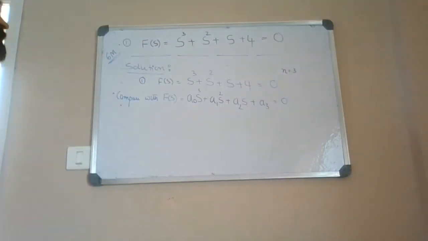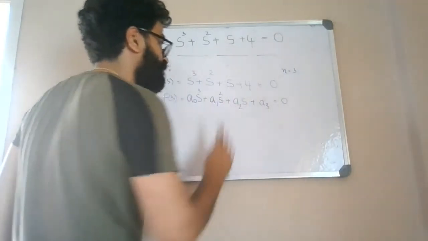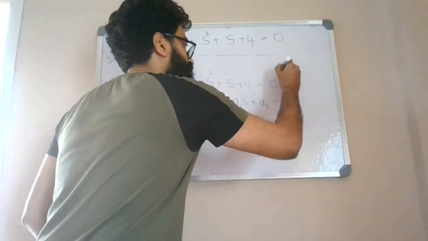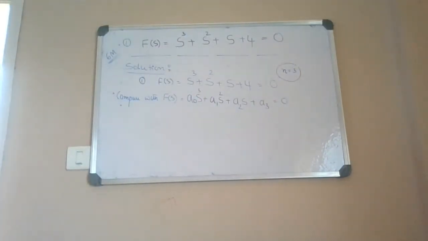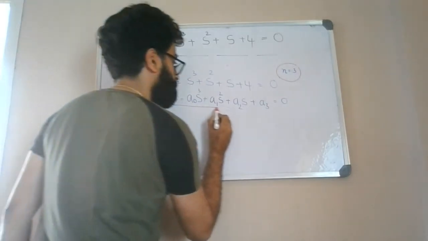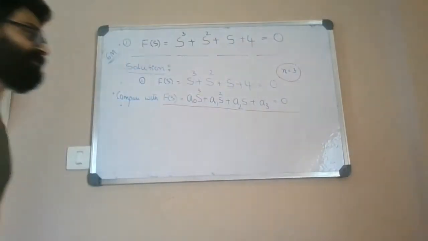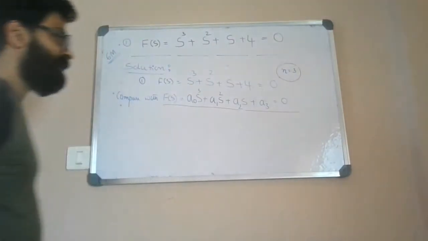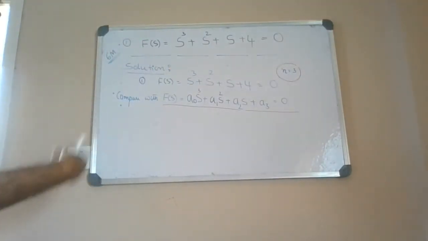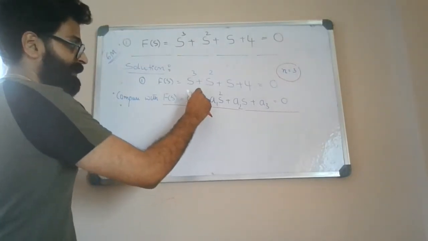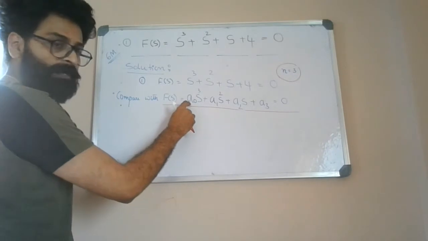So what we have done? We have taken down the characteristic equation as it is, and then we have found its order, which is 3. Based on this order, we have rewritten the standard form. Now you start comparing the powers of s, and then you can extract the coefficients. Against s cube, you have a naught as the coefficient.